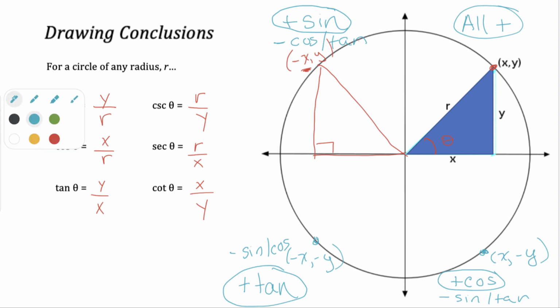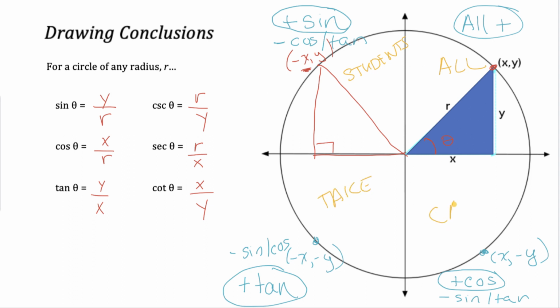All right, so you might have heard, in your studies somewhere along the way, that, let me use a different color, all students take calculus. Whether that's true or not, this does help us remember which functions are positive in the different quadrants.